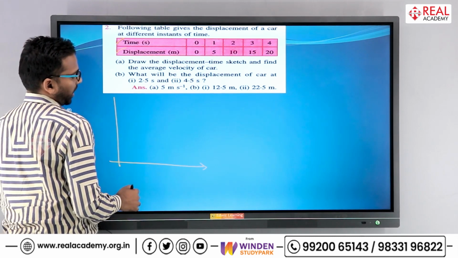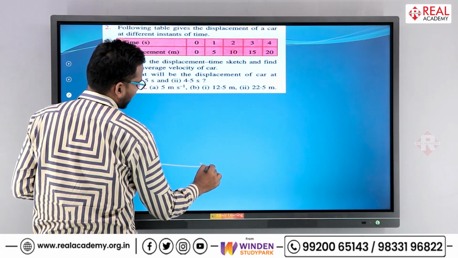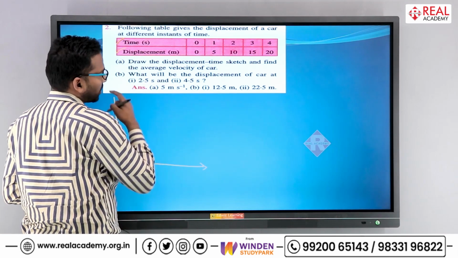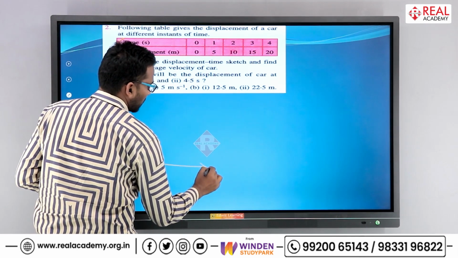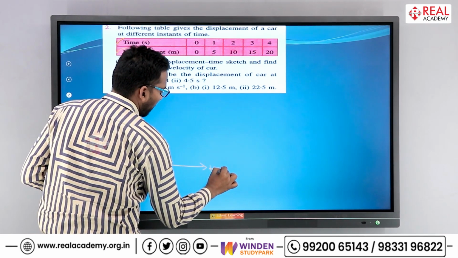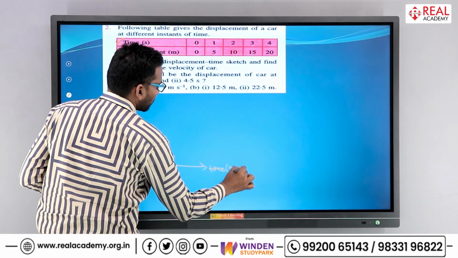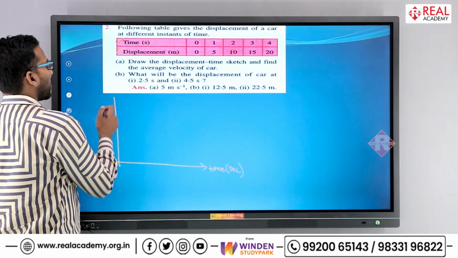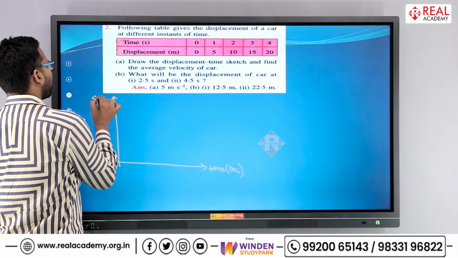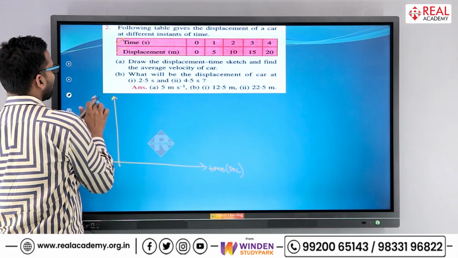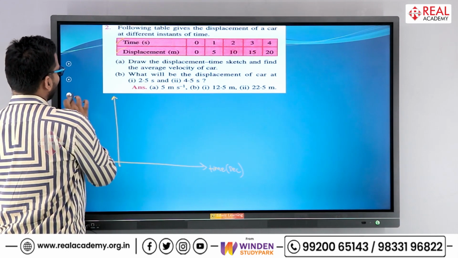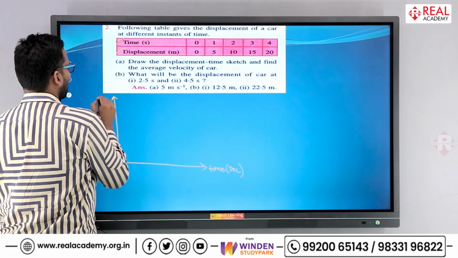Suppose we take on the x-axis the time period, which is in seconds, and on the y-axis let us take displacement.